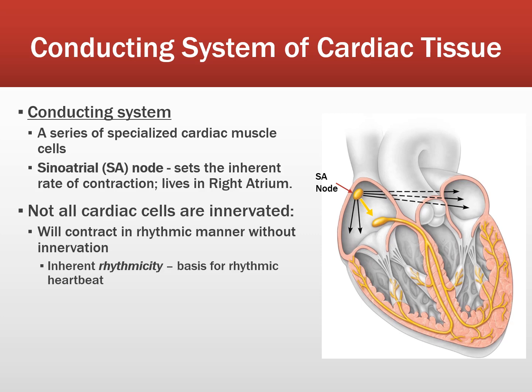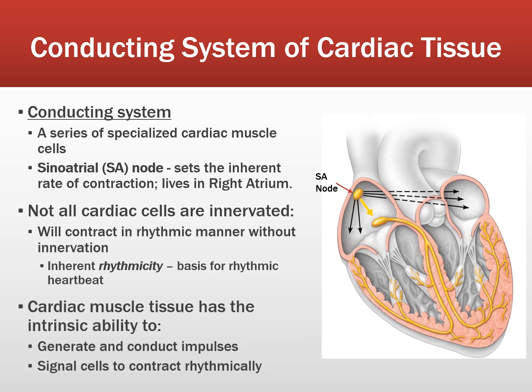Remember, we talked about the branching, they're all interconnected, and that's how we get this rhythmic heartbeat. All cardiac muscle tissue has this intrinsic ability to generate and conduct impulses, so the cells can contract all together and create this rhythmic heartbeat.